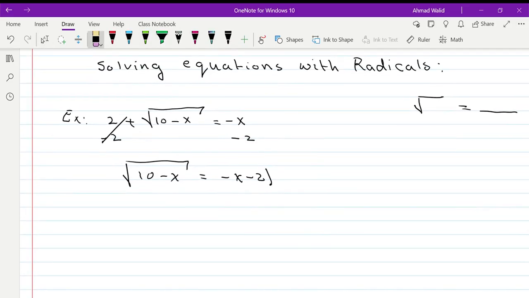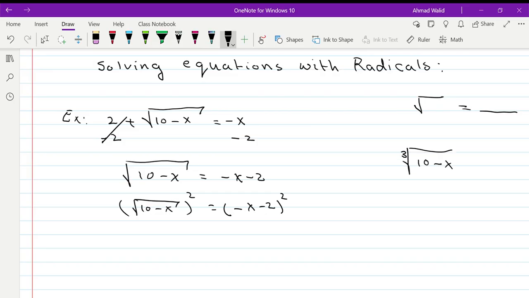Let's erase the parentheses. Next step, to remove the radical, you have to square both sides. You know that much algebra, correct? Square root of 10 minus x all squared equals negative x minus 2 to the power of 2. For example, if it was cube root of 10 minus x, then raise both sides to power of 3.